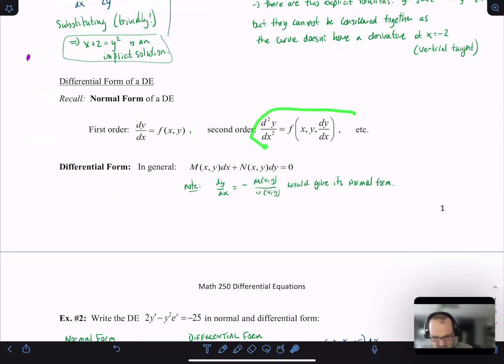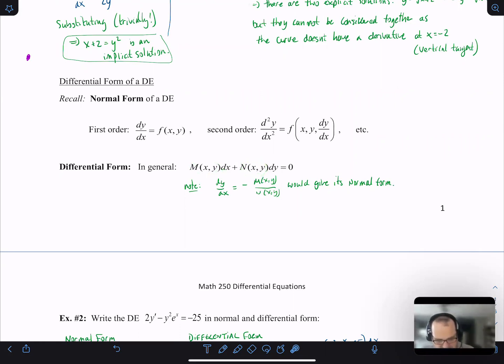A second order DE in normal form would be where we have the DE solved for the second derivative, and so on. In differential form, you take something that was first order and split it up and write it in this fashion: M of x,y dx plus N of x,y dy equals 0. That means we have some expression involving x and y times dx, and another expression involving x and y times dy, equals 0.